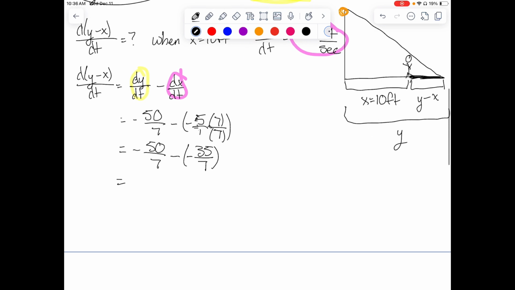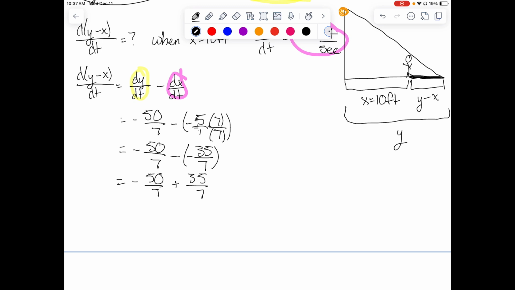And I'm going to scroll down a little bit. Sorry, guys. So now we're just going to simplify and say -50/7 plus 35/7, because we know that subtracting negative 35 sevenths from negative 50 sevenths is exactly the same as negative 50 sevenths plus 35 sevenths, because subtracting a negative is the same thing as adding a positive.